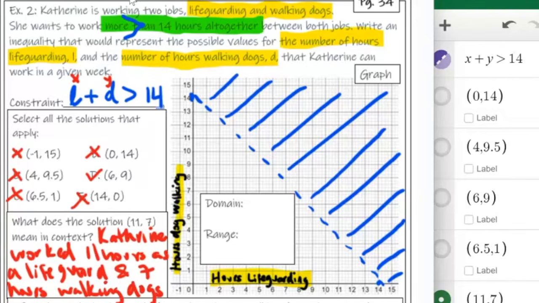And really, I can say she wants to work more, right? And the inequality represents the possible. So Catherine possibly worked 11 hours. So let me add that. Possibly, because I'm just reading what the context is. So Catherine possibly worked 11 hours as a lifeguard and 7 hours walking dogs. Okay.